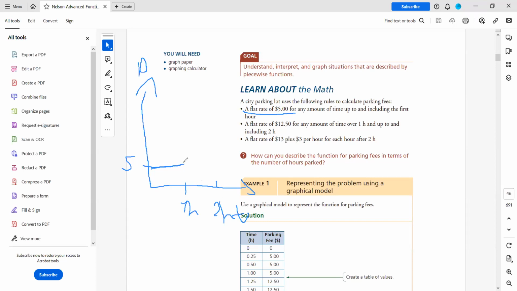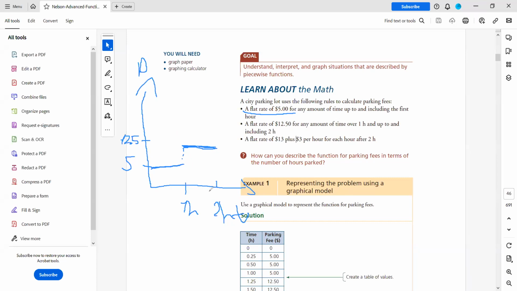So it was 5 from here, and now basically it jumps to 12.5 as this. You see, basically our function is jumping here.